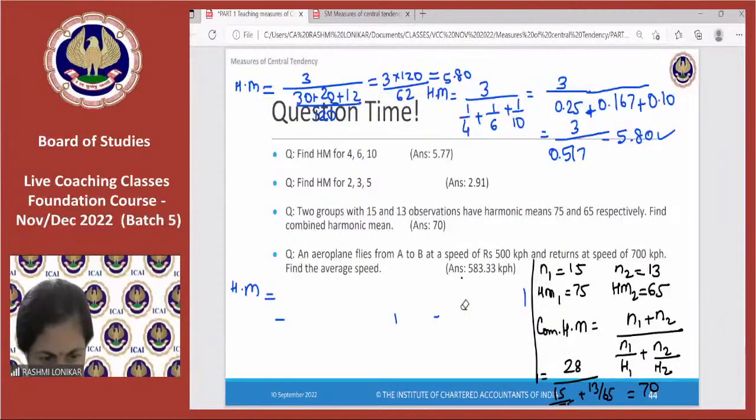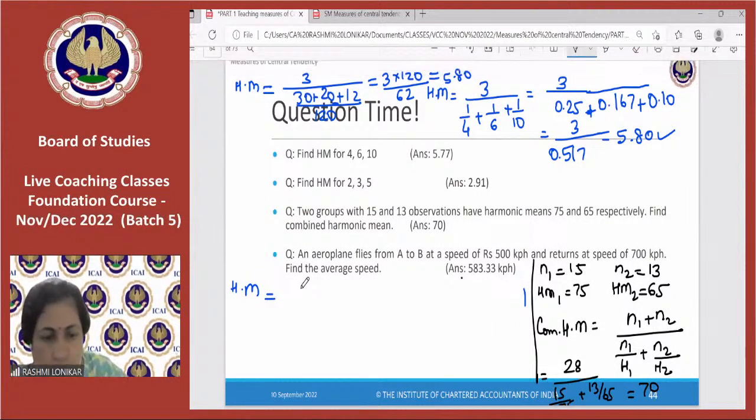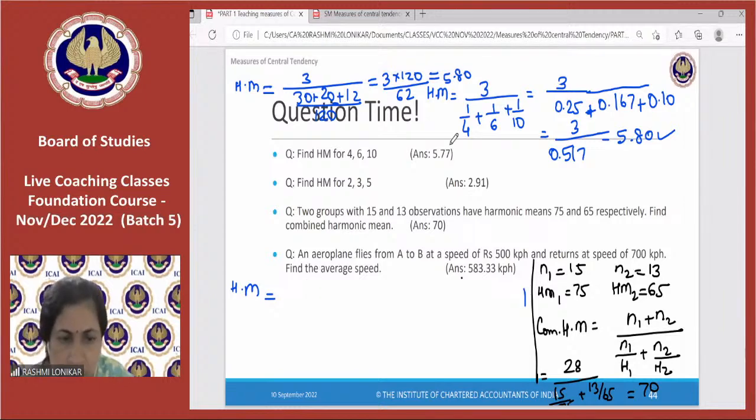Okay, so we have two. So what are the speeds? First speed is 500, second speed is 700.